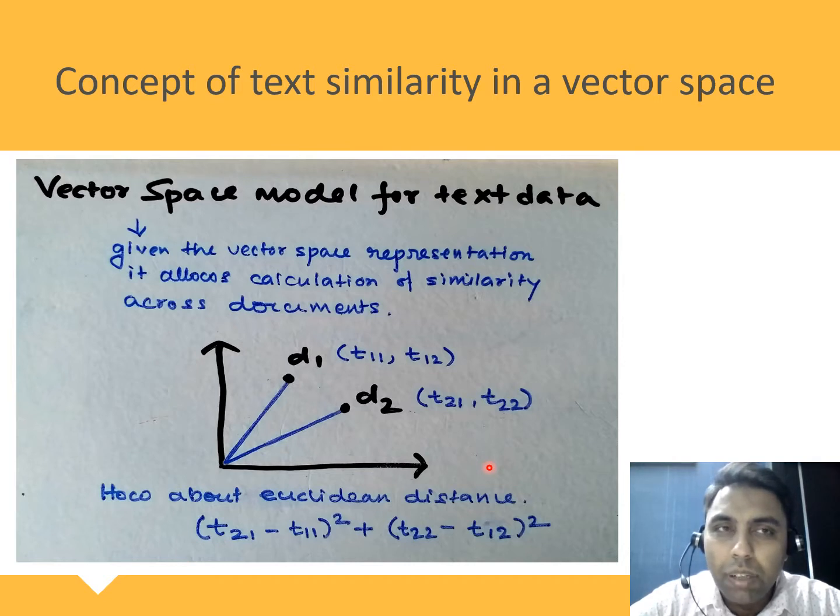if we look at some of the no-brainers, can we think of Euclidean distance as a measure of similarity between the two documents? When we deal with continuous data, continuous features, we often use, if not always, Euclidean distance as a measure of similarity, right?